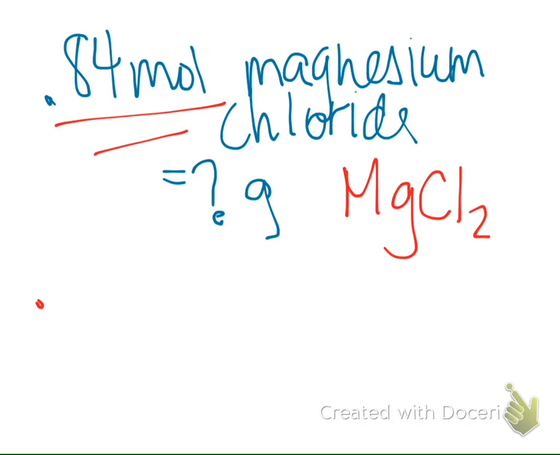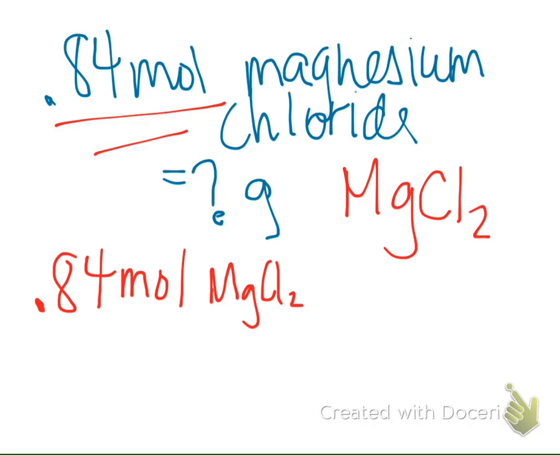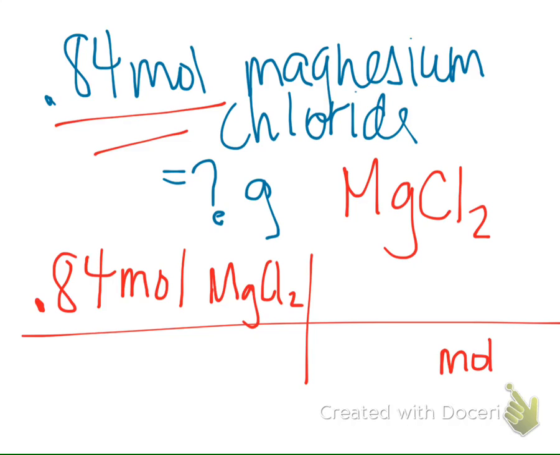So I know I have 0.84 moles of that substance. When I go to make my T-chart, the first thing I do is write what I know. 0.84 moles. Then I make my T. And I put moles where? Bottom. Moles of MgCl2. And I put grams on top. Which one gets the 1? Moles gets the 1, so it goes on bottom.